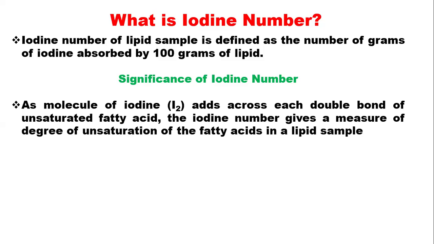Unsaturated fatty acids have double bonds. So in the addition reaction, iodine is a molecule that adds across each of the double bonds of the unsaturated fatty acid. And the iodine number gives us a measure of the degree of unsaturation of the fatty acids found in the lipid sample.